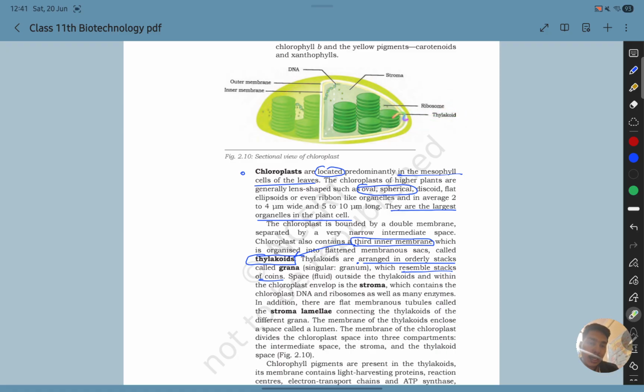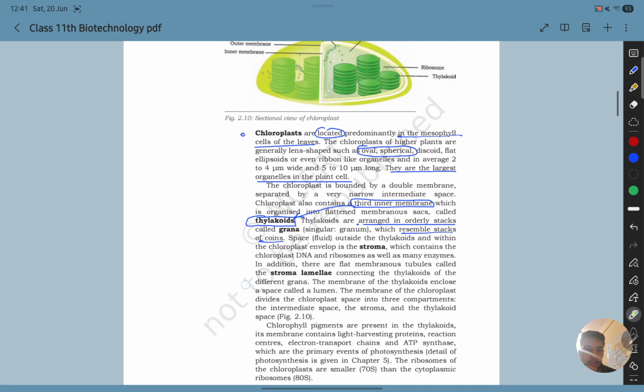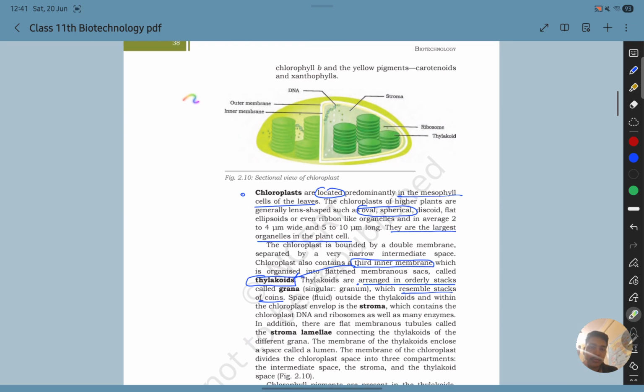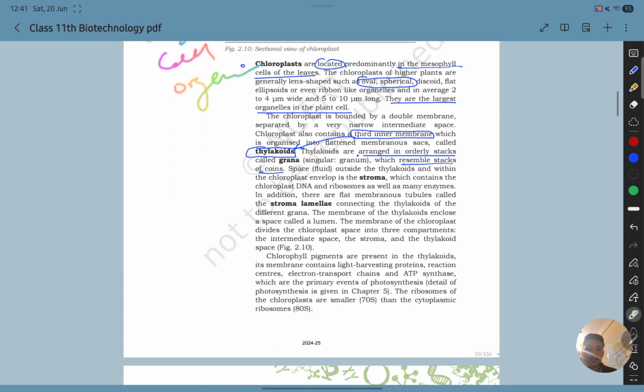Thylakoids are like inner stacks like this, arranged in a stack. So remember this diagram. What is a thylakoid? A thylakoid is an organelle inside the chloroplast, and the chloroplast itself is the largest cell organelle.